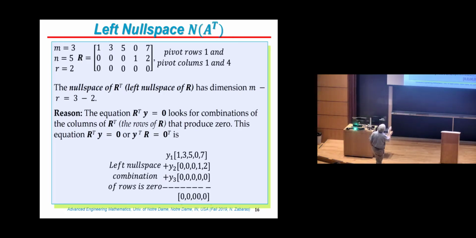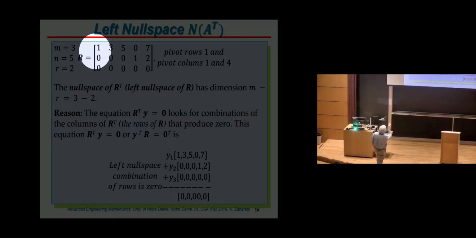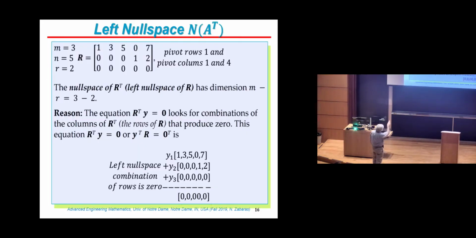And remind you again, y transpose R is a linear combination of rows. So if you look at my R matrix, it has the rows 1, 3, 5, 0, 7; 0, 0, 0, 1, 2; and 0, 0, 0, 0, 0. So basically, y is a vector with 3 components. I have to take y1 times the first row, y2 times the second, y3 times the third, and this is equal to the 0 row vector. Look at this and tell me what's the solution to this null space problem immediately.